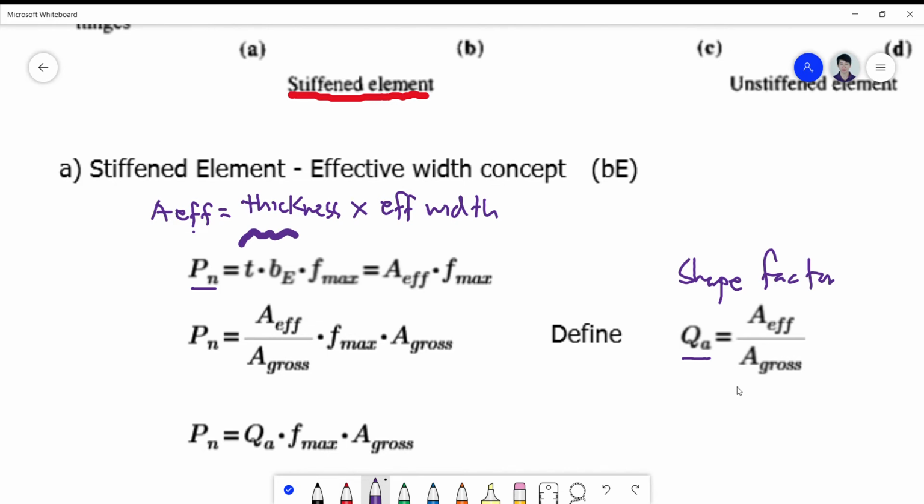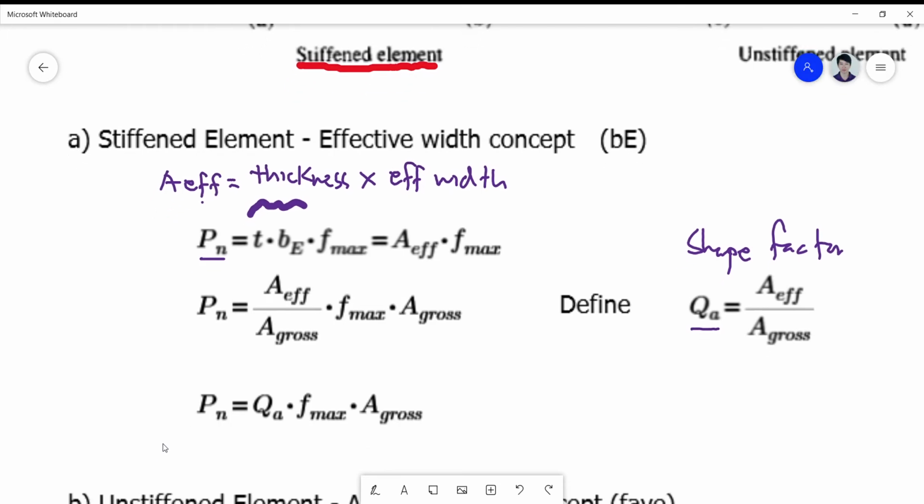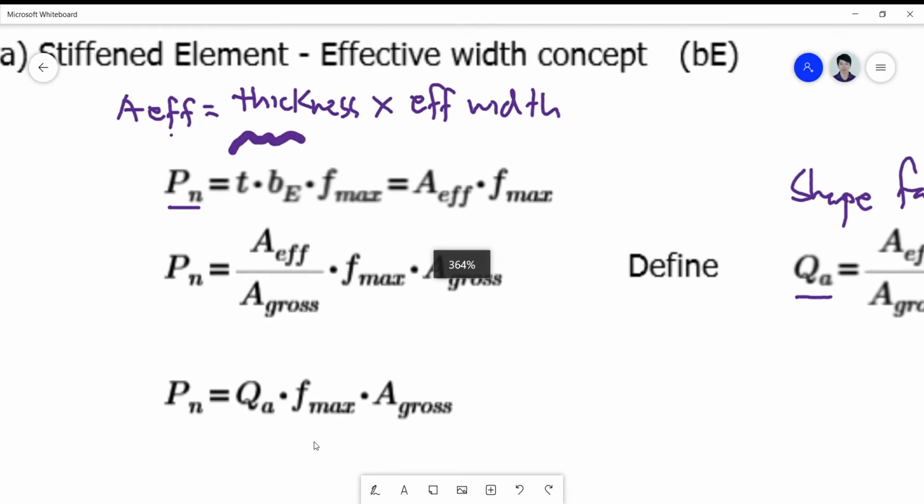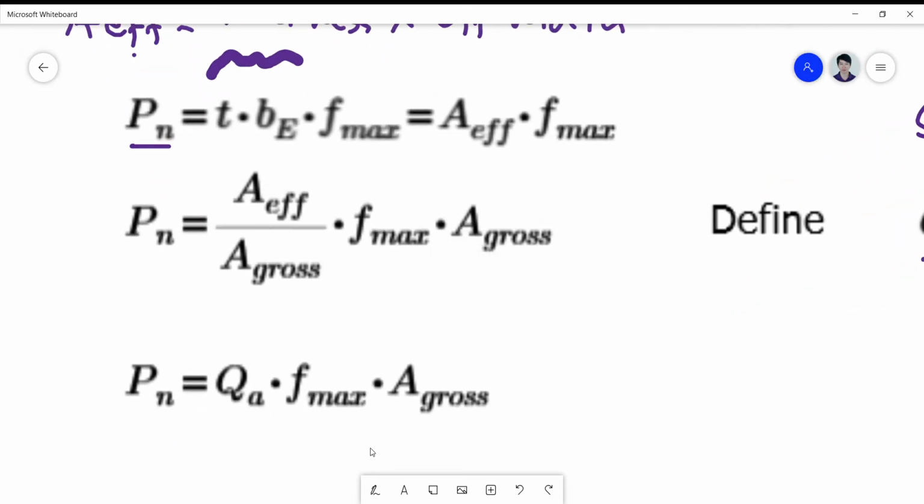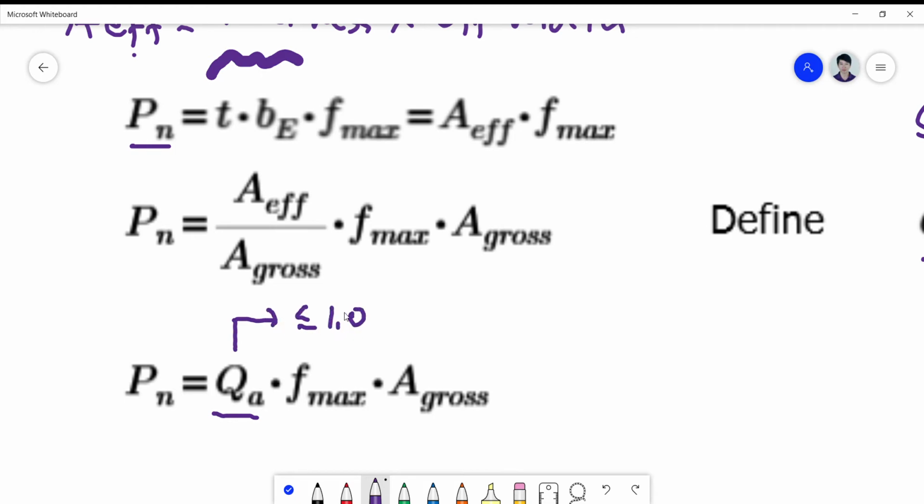So your value for the load will simply be reduced to a stress multiplied by the area formula, with the inclusion of a shape factor that will reduce the amount of your actual load. Always, QA must be less than or equal to 1.0.